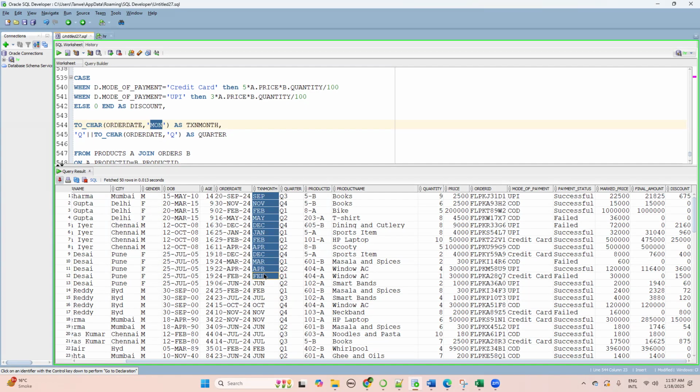With the help of this, we can derive month-wise. And then TO_CHAR order_date, if you write Q, the engine will understand it has to be quarter-wise. September is the third quarter, it will display 3. But we are concatenating it with Q, that is why it is coming as Q3. November is the fourth quarter, 4. We are concatenating with Q, that is why this is Q4.